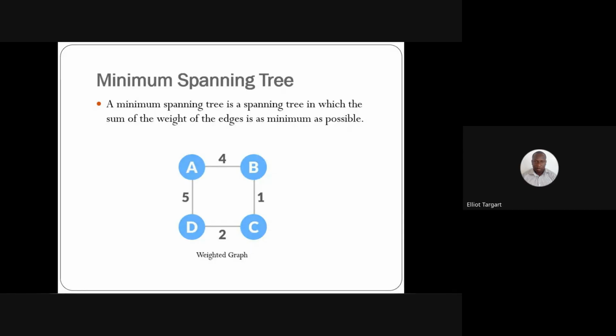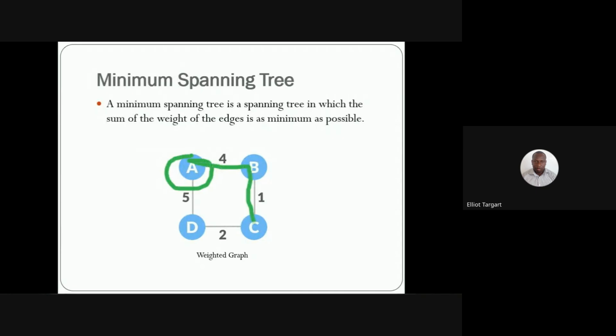Yeah, so let's say you are moving from A to C. When you pass from the node A to the node C, then I will pass from A to B, B weight is 4, and from B to C weight is 1, so that will be 5.